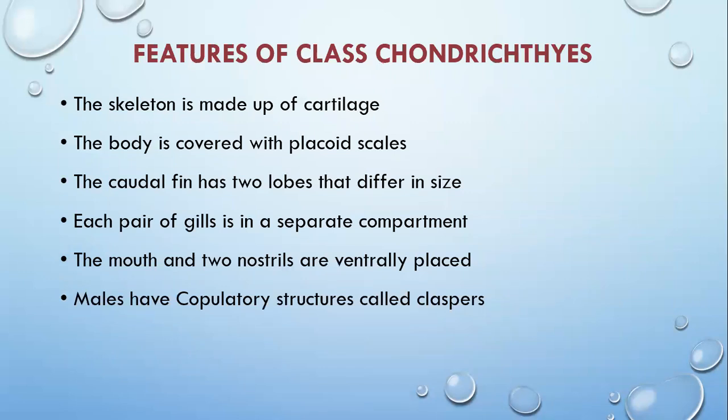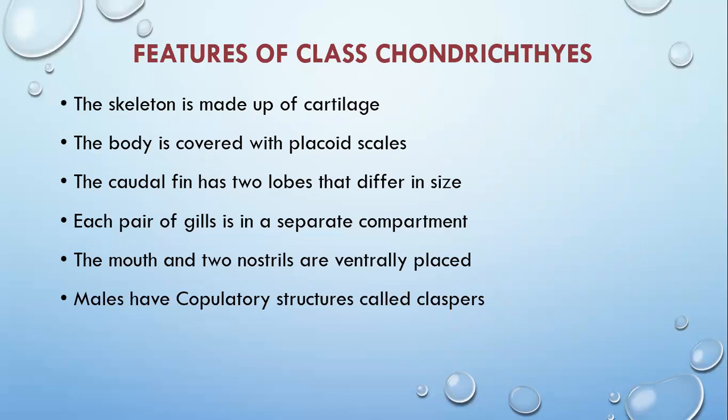The first is that the skeleton of these organisms is made up of cartilage. Second, the body is covered with placoid scales. Third, the caudal fin has two lobes that differ in size. This means that these fins are of different sizes.